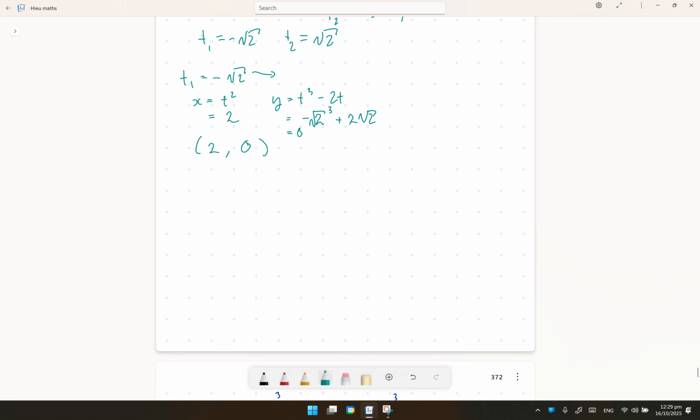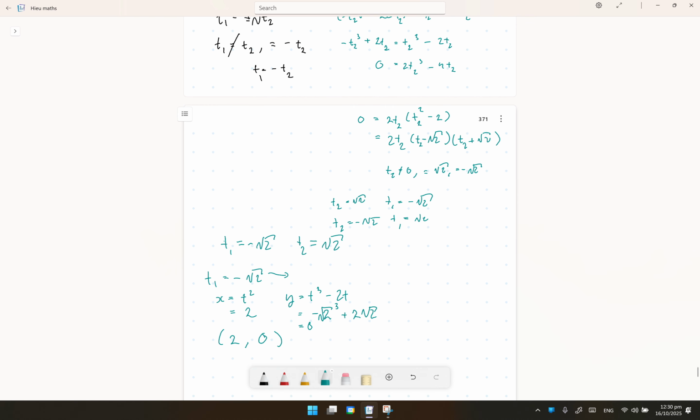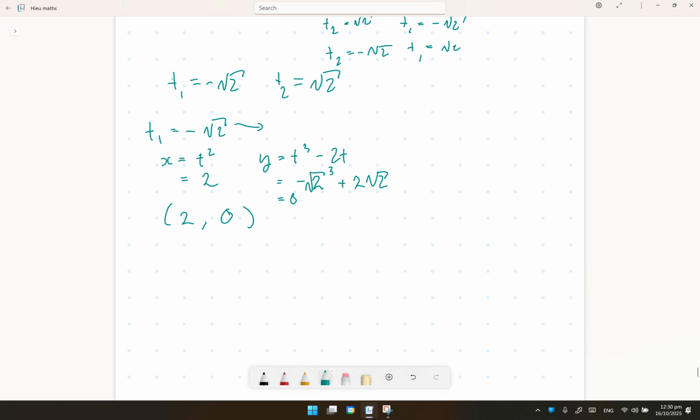And let's find the gradient straight away as well. So dy over dx is equal to dy over dt over dx over dt. Therefore, dy over dt is 3t squared minus 2, over dx over dt, which is 2t.